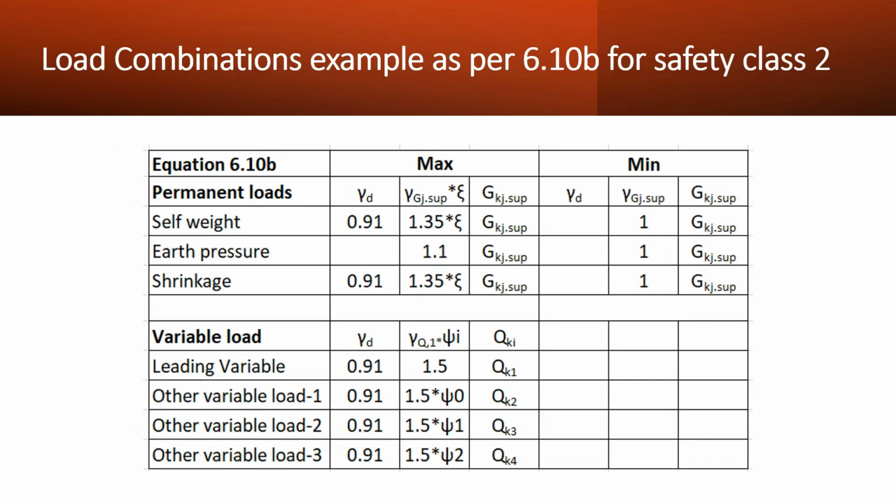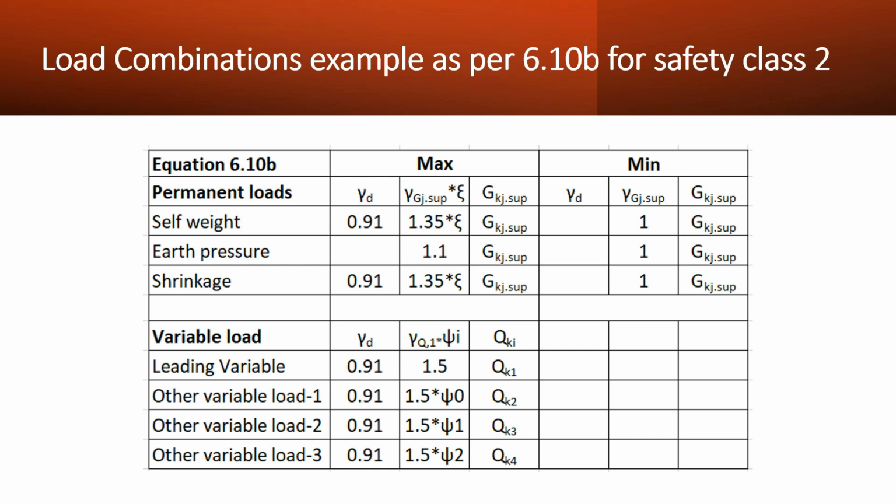So now in this slide we'll see the same loads, if we have to make the load combination as per 6.10b, then there will be only coefficient changes as per equation 6.10b. For example, for self weight, the safety class factor will remain the same, but there is an additional reduction factor zeta in the self weight load coefficient: 1.35 multiplied by zeta.